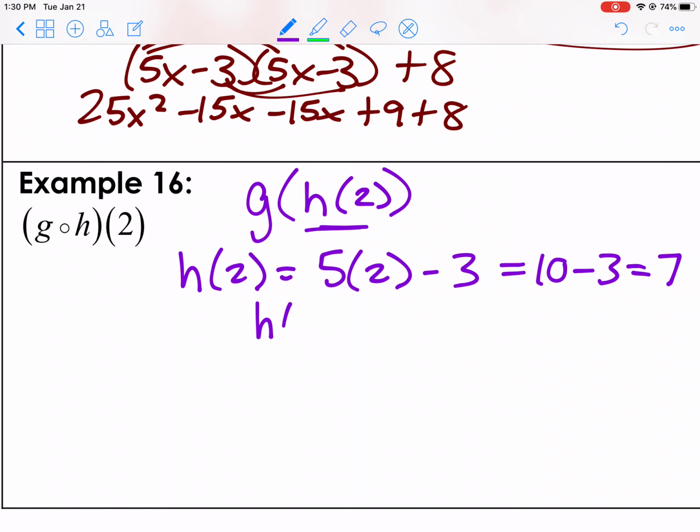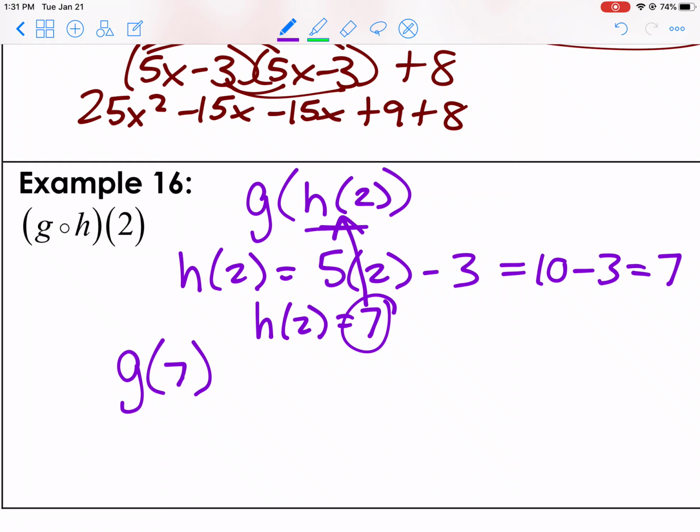So we know that h of 2 is 7. I'm going to replace the h of 2 up here with 7. So now I'm looking for g of 7. I'm going to replace the x in the g function with 7. So 7 minus 1 gives 6.